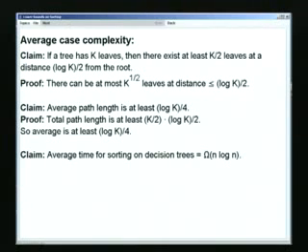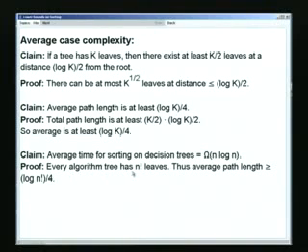From this it immediately follows that the average time for sorting on decision trees is n log n, and here is why. Every algorithm tree has n factorial leaves. Thus average path length is bigger than, by this claim, log of the number of leaves, or log of n factorial upon 4.